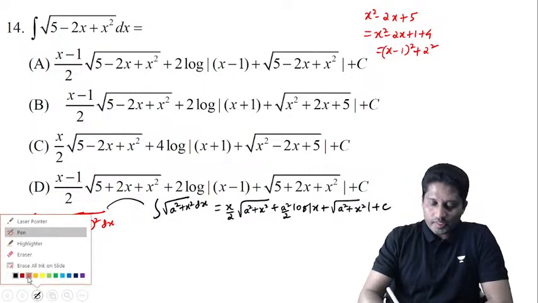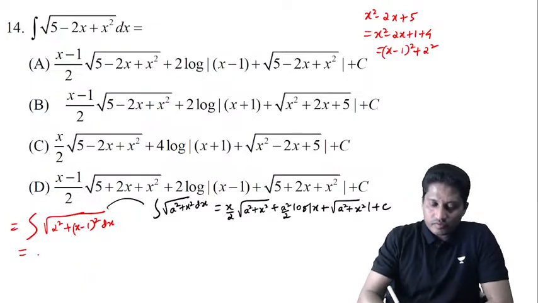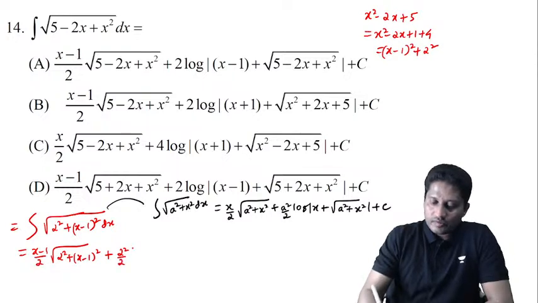So if I use this formula, this will be equal to x by 2 into root of a square plus x square, plus a square by 2, that is 2 square by 2, into log of x plus root of a square plus x square, that is 2 square plus x minus 1 the whole square, plus c.